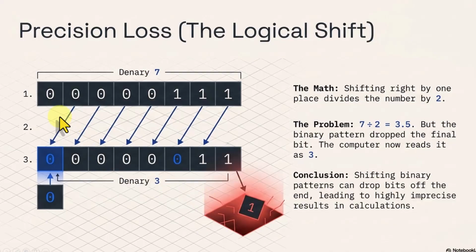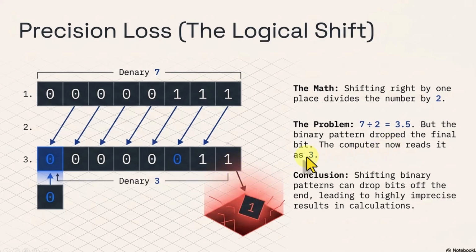And precision loss. Before this, we were just performing some shifting for divisions. If we shift right and any one is lost, we lose precision. For example, 7 divided by 2, which is just one shift, should be 3.5, but in shifting, this one is completely lost.